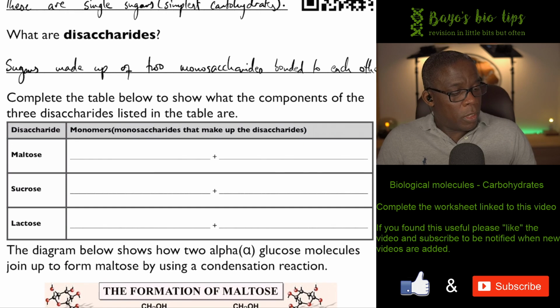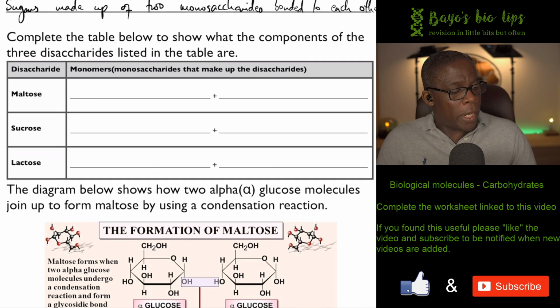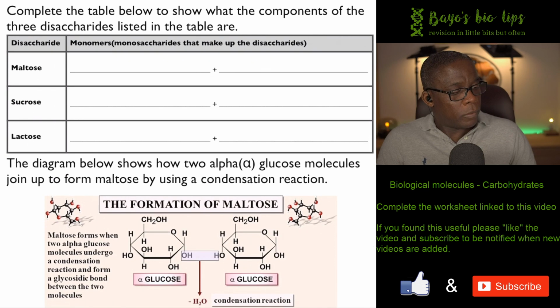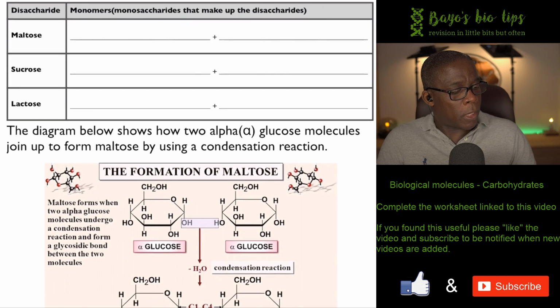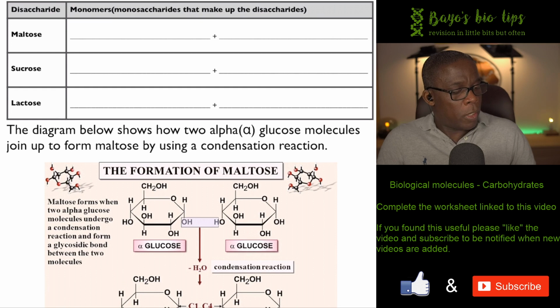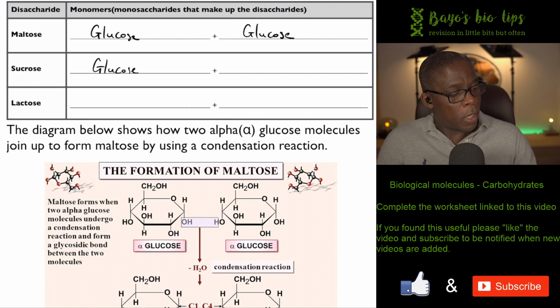So let's complete the table there, showing what the component monosaccharides are for each of the listed disaccharides. So maltose is made up of 2 glucose molecules. Sucrose, on the other hand, is made up of glucose and fructose.